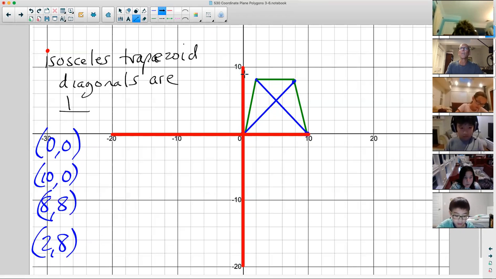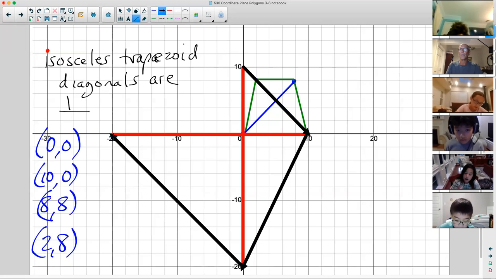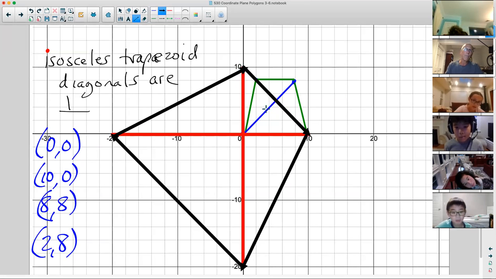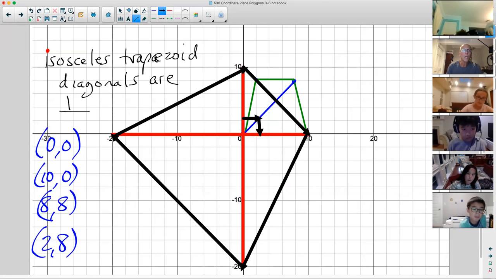Now watch what I do by connecting these vertices. Do you see how I've created an isosceles trapezoid with perpendicular diagonals? So I actually used the x and y coordinates to help me get there.